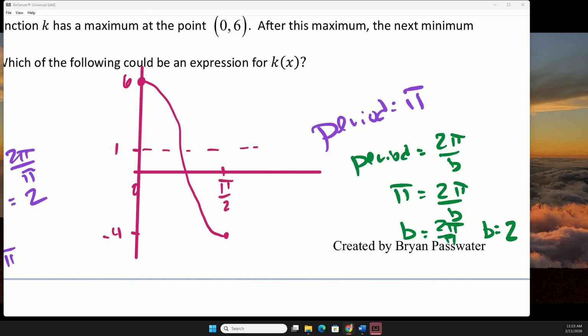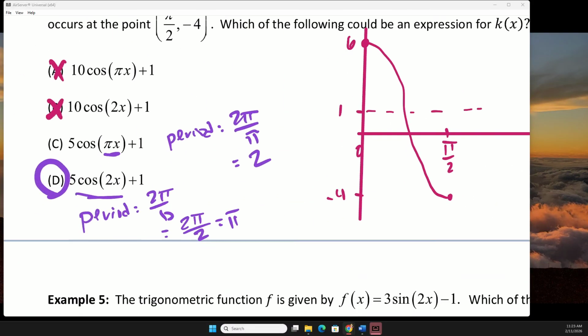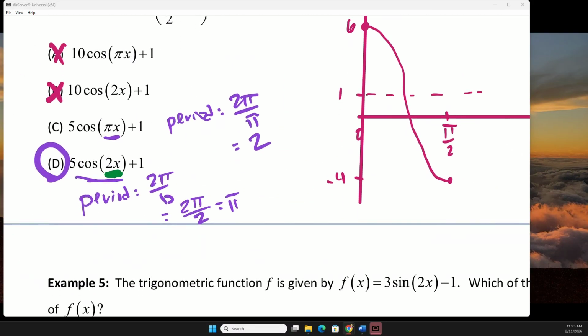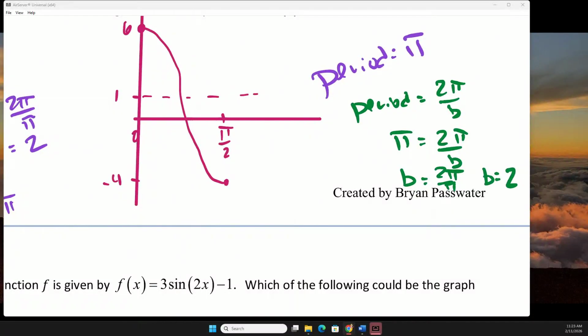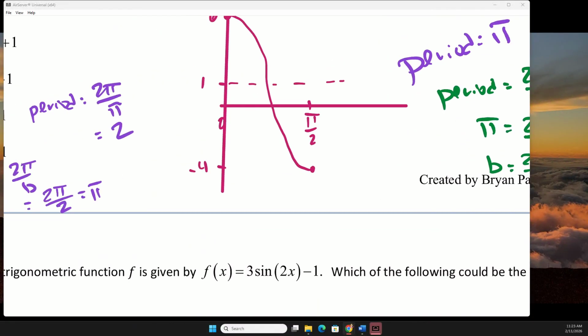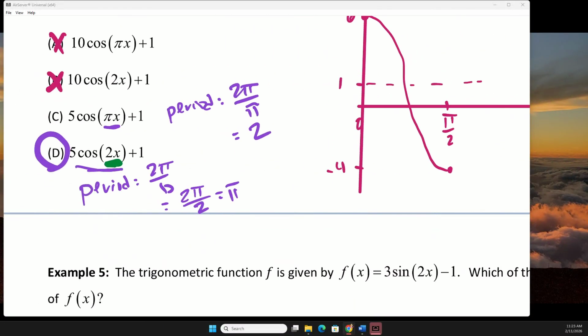The coefficient of x should be 2. This is the one that has a coefficient of 2. So there's 2 ways to do it. Sorry, I did it a different way. You can either look at your choices and figure out which one has the right period, or look at your graph and figure out what the right B is. I didn't mean to confuse you. There's a lot to keep straight.